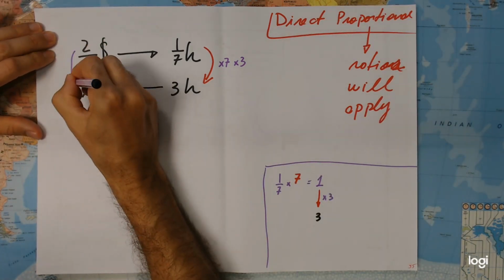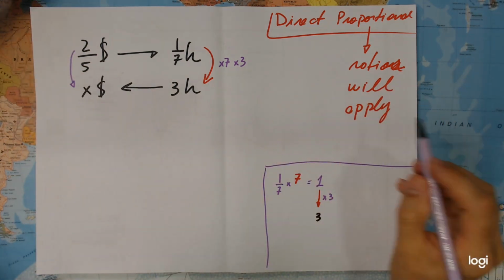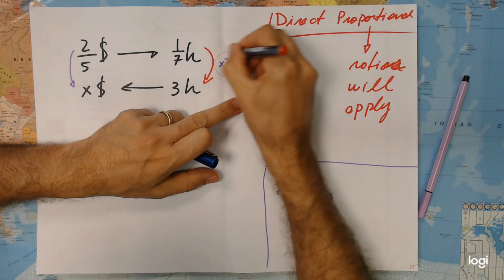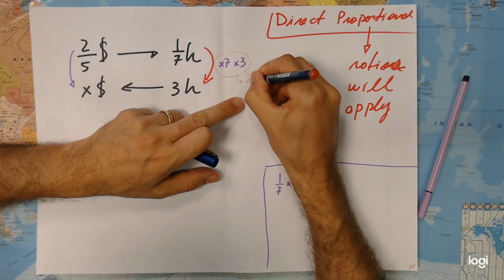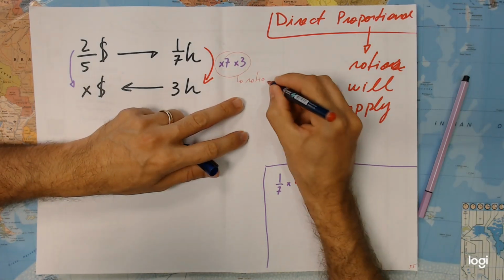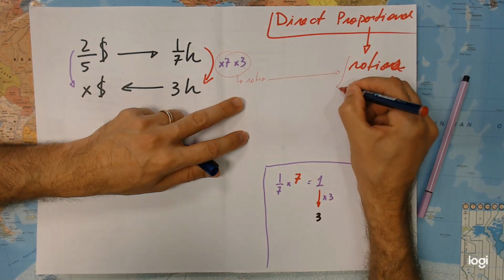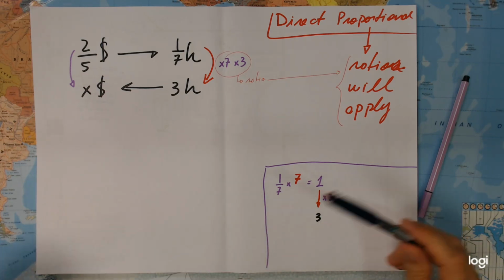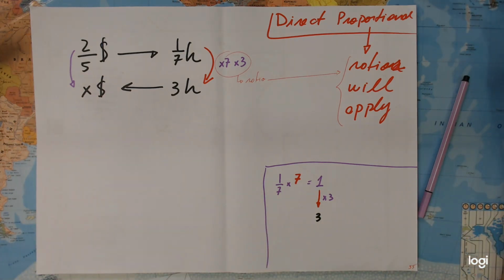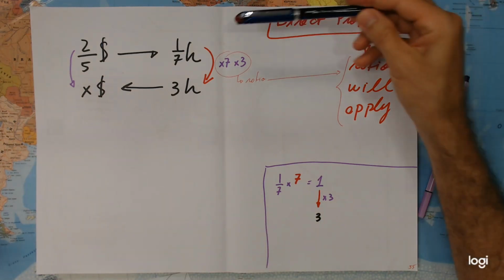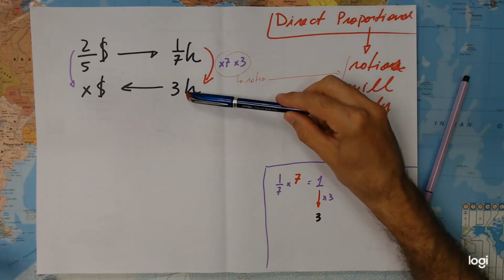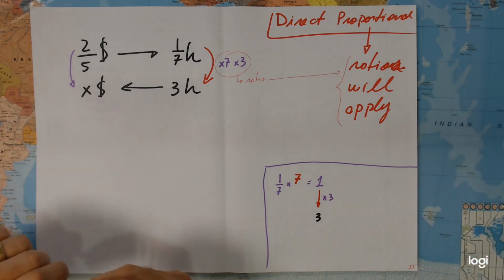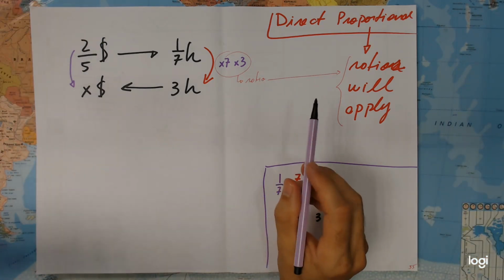So this is a ratio that we are looking for. It is this ratio here. We're trying to find a rule, a mathematical statement that brings us from 1/7 to 3. Well, we're going to apply the same rule in here.